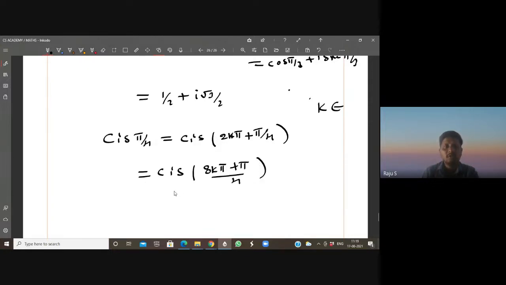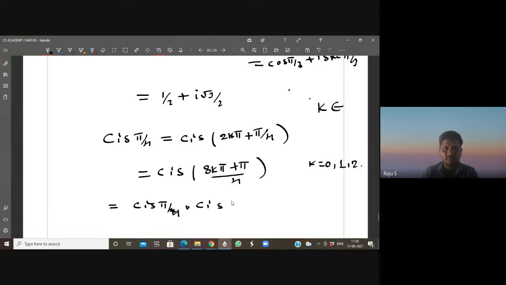Product of continuous values means k equal to 0, k equal to 1, k equal to 2, we have to substitute. When I substitute k equal to 0, we get cis pi by 4, into the product they are asking.